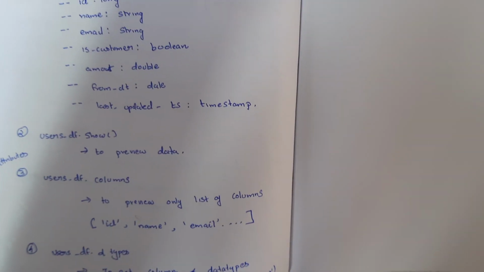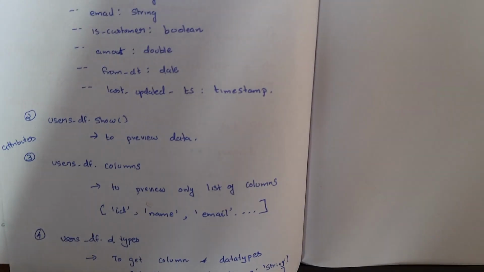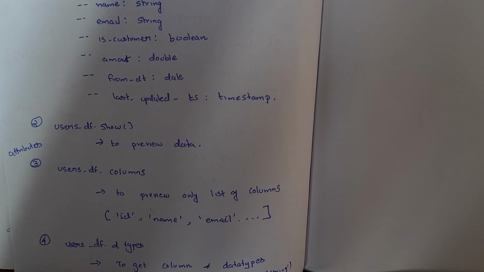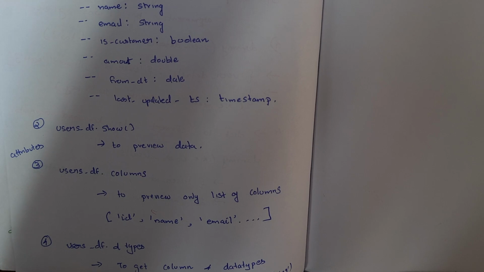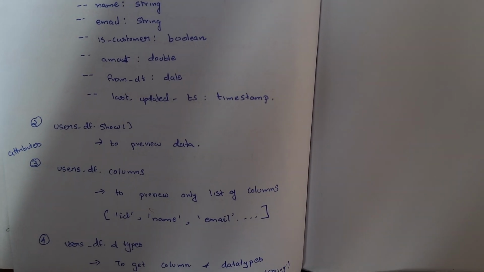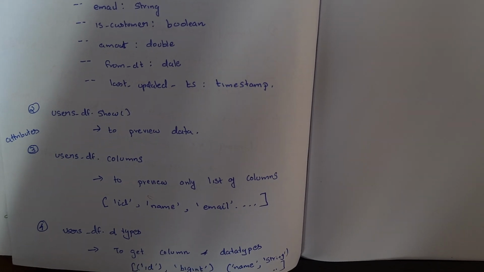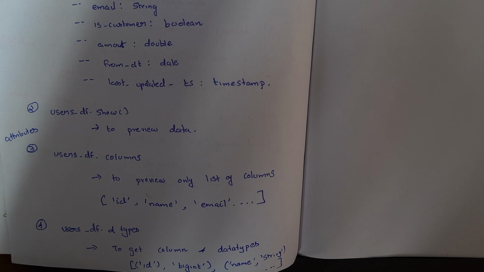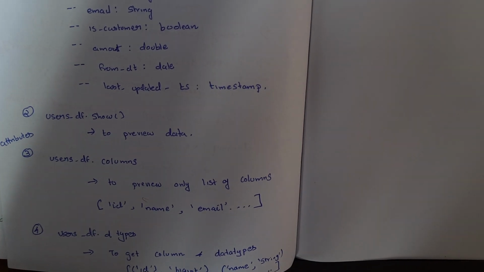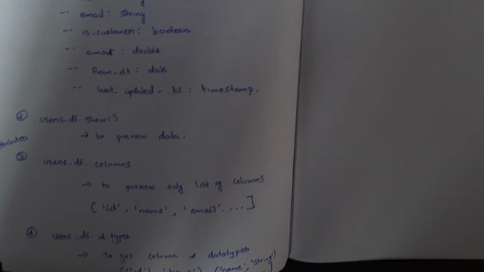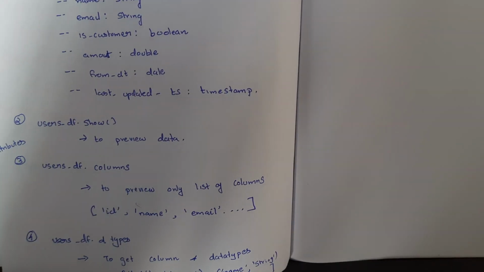There are many functions we can use on the data frame, like users_df.show to preview the data. You can also use users_df.display to display the data. Both work in a similar way. Then we have multiple attributes on top of the data frame. users_df.columns previews only the list of columns, and if you see, we get the list of columns: id, name, and then email.